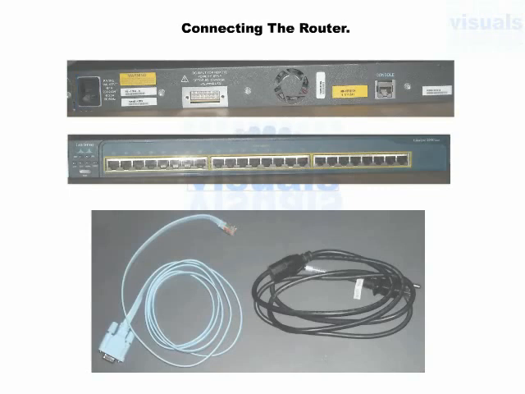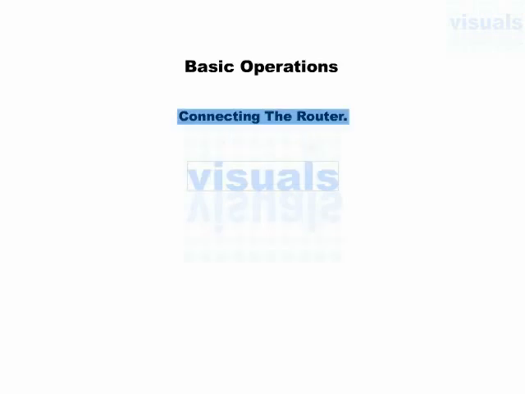Now we are almost done discussing the things that belong to these visuals. Here I conclude our discussion on connecting the router. We have discussed different ways of accessing the router directly and indirectly. I showed you the switch also. We have discussed the straight through cable process, crossover cable process, and rollover cable process.